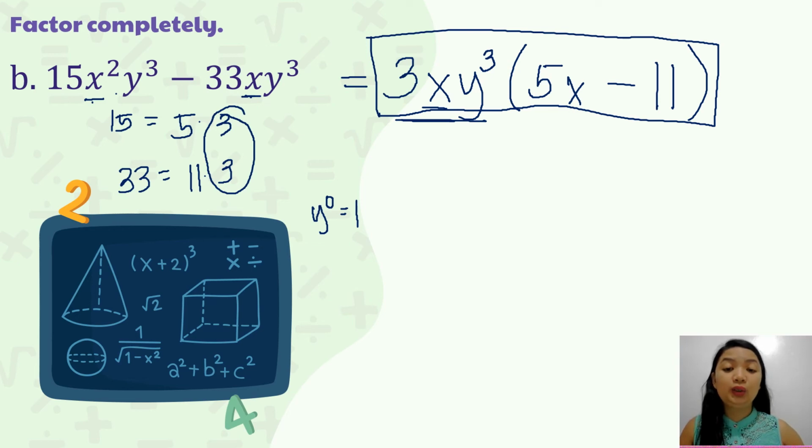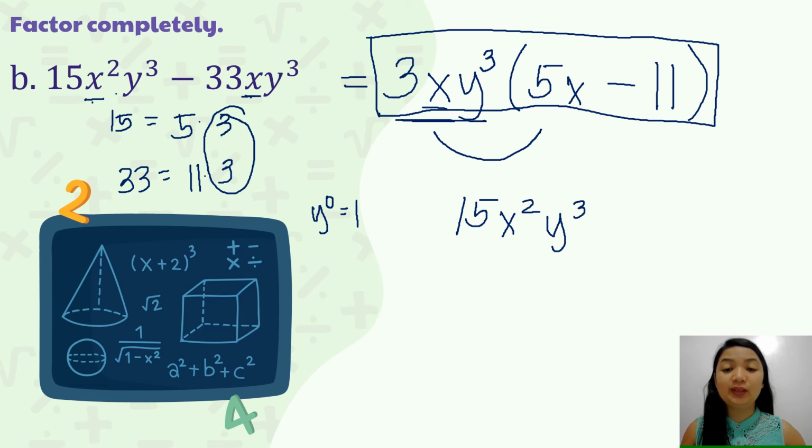Once again, you may recheck your work by multiplying the factors. So we can have this as 3x y cubed times 5x, which will give us 15. We add exponents 1 and 1, so that will give us x squared, and then we have y cubed. We are correct with the first term.